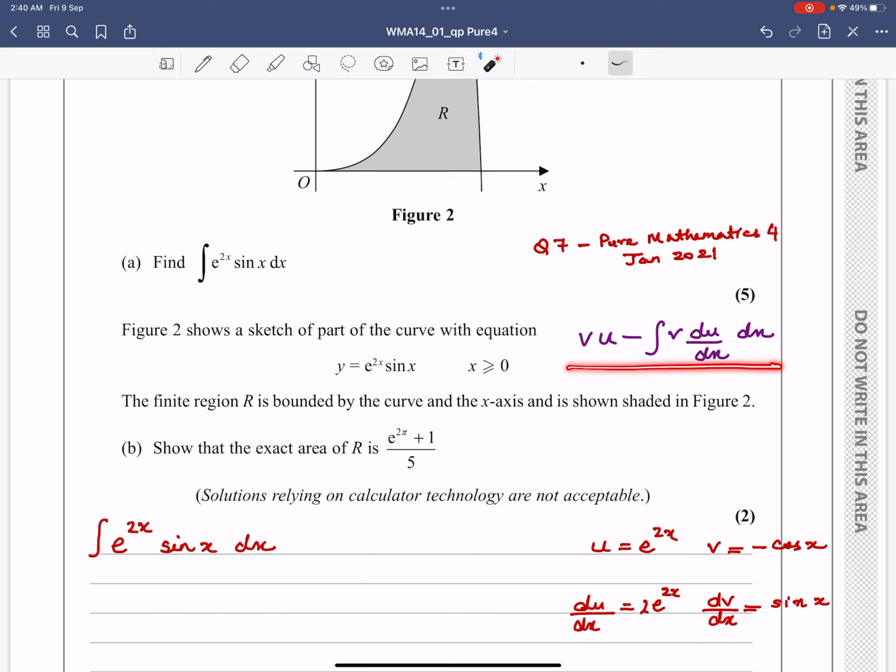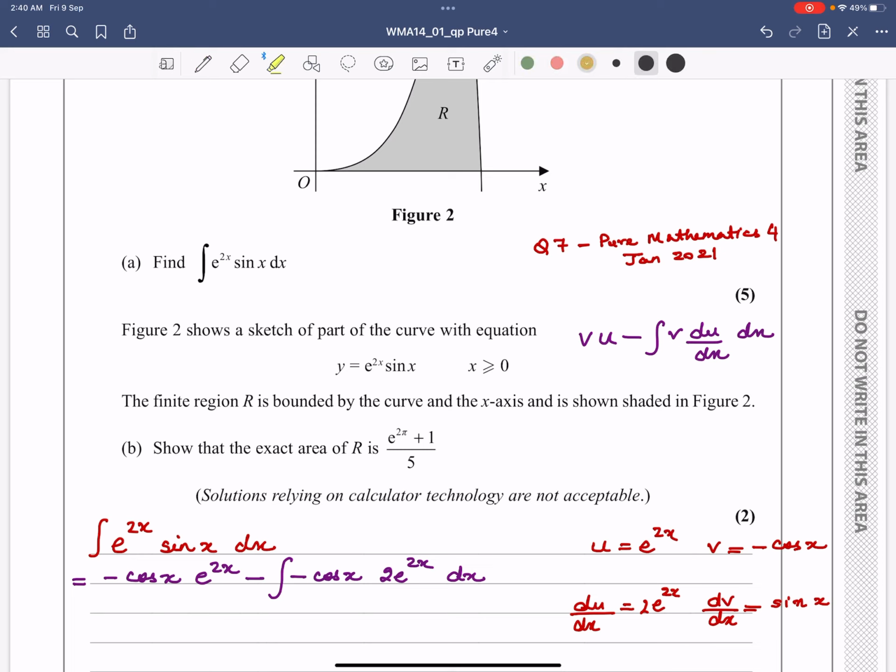So vu is equal to v, which is minus cosine x, u, which is e to the power of 2x, and then minus the integral of v, which is minus cosine x, into du/dx, which is 2e to the power of 2x, with respect to x.